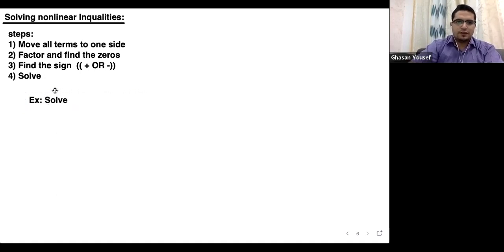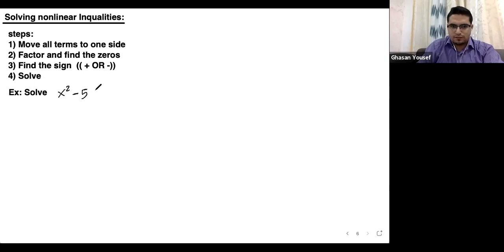Solve x squared minus 5x plus 6 equals 0. First of all, is it a linear inequality? I mean here, sorry, it is not less than. We're using less than or equal to 0.